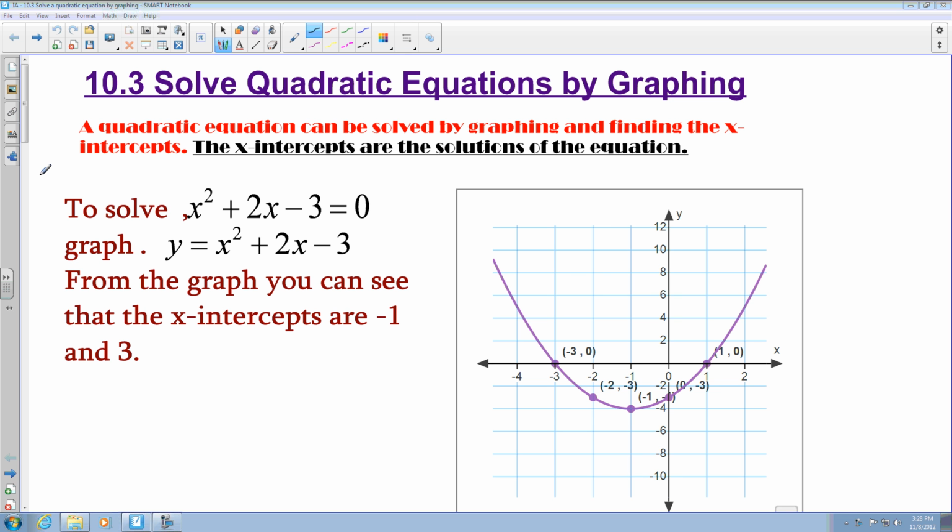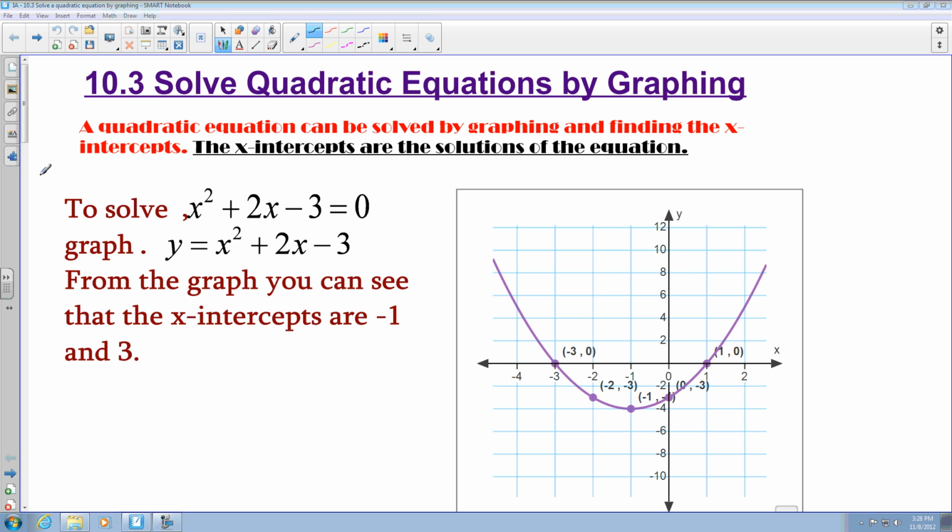One was we found the y-intercept. The second was we found the vertex, and the third was we found the axis of symmetry. Well, in this lesson, we're adding a fourth thing that we are going to use, and that is we are trying to determine the x-intercepts for our graphs.